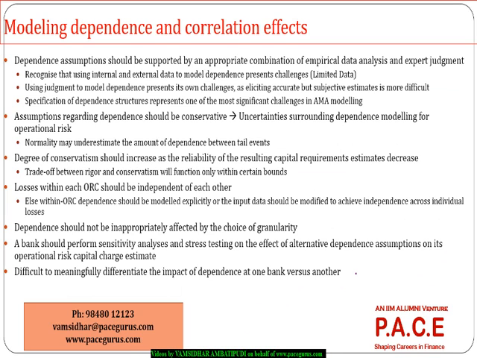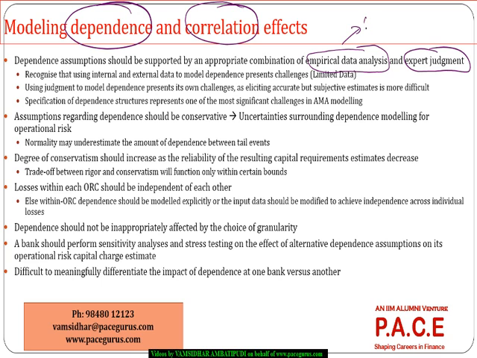Then, what are the typical guidelines that drive the modeling of correlation effects? First of all, whatever assumptions are associated with the correlation should be supported with empirical data along with expert judgment. So both quantitatively as well as qualitatively, that assumption needs to be validated.